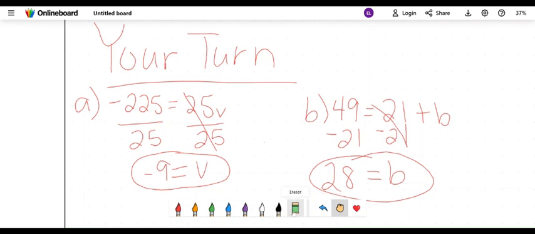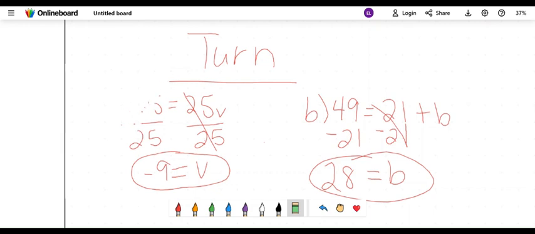Okay, so we'll be learning about two-step equations. Just wait. Trying to erase this, just taking some time.